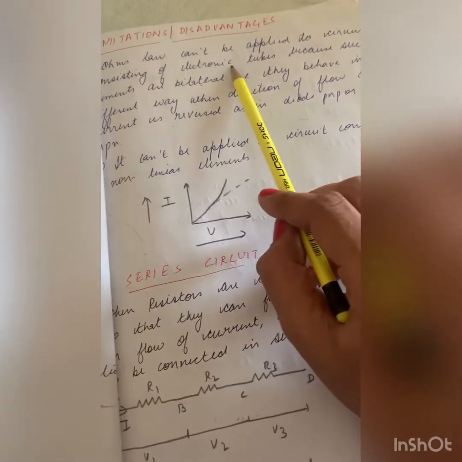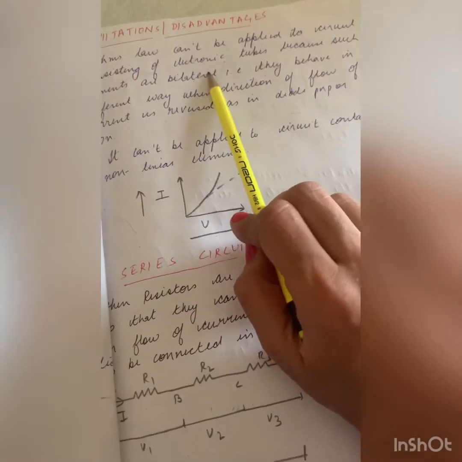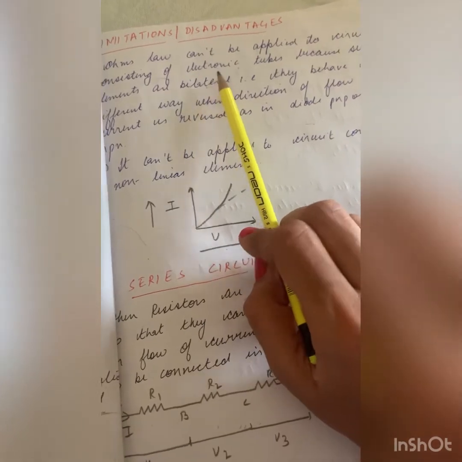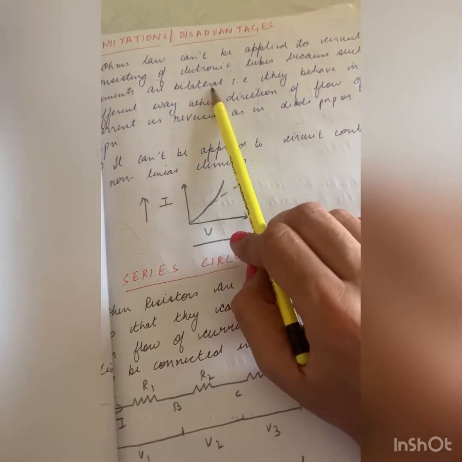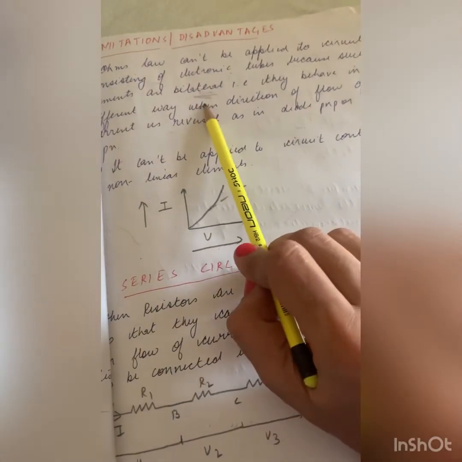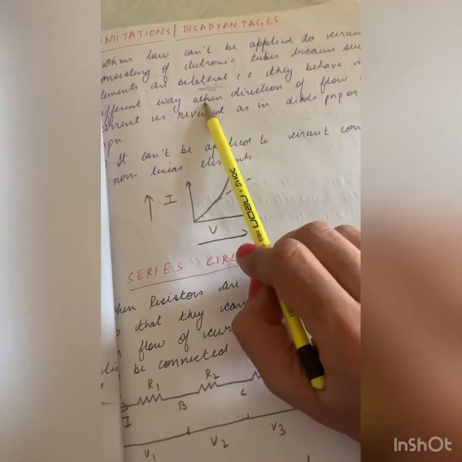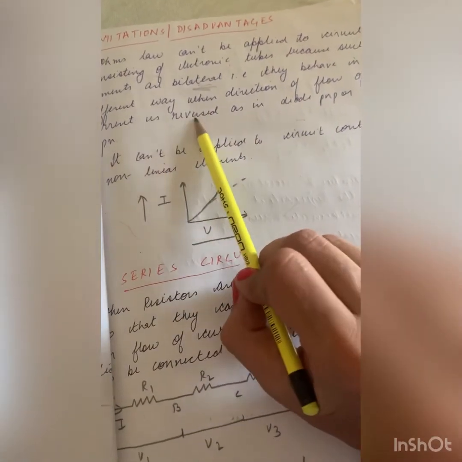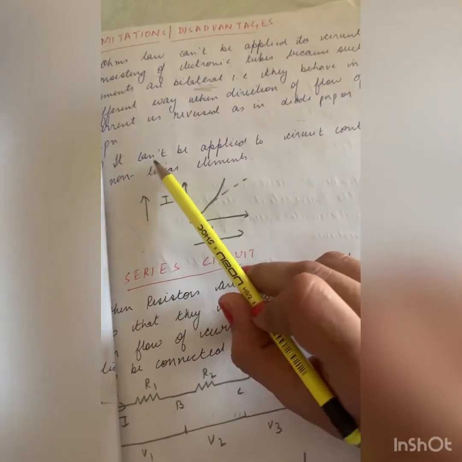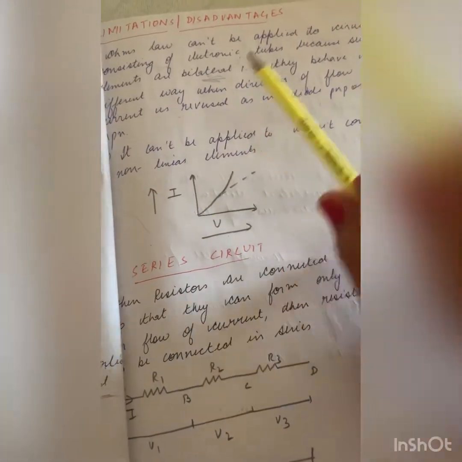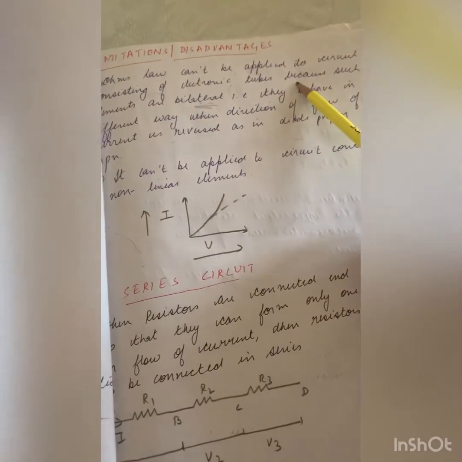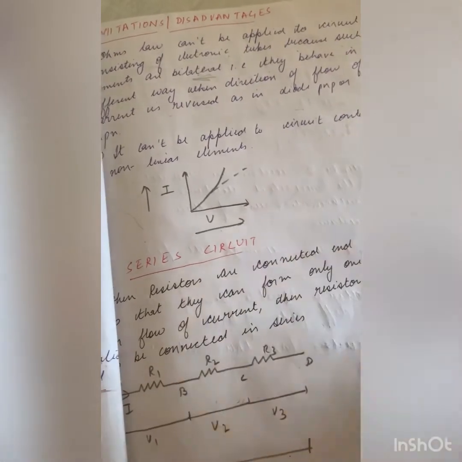Ohm's law is not implemented in electronic circuits because electronic circuits have such elements which are bilateral. Again, bilateral means which behave in a different way when direction of flow of current is reversed. The other is it can't be applied to circuit containing non-linear elements. First, Ohm's law is not applicable on some electronic tubes. Other is it is not applied on non-linear elements.